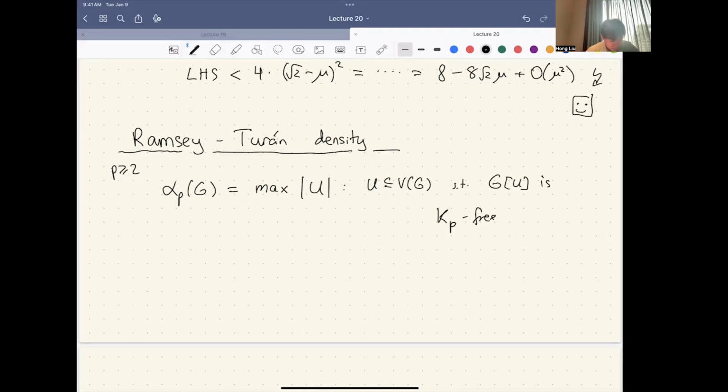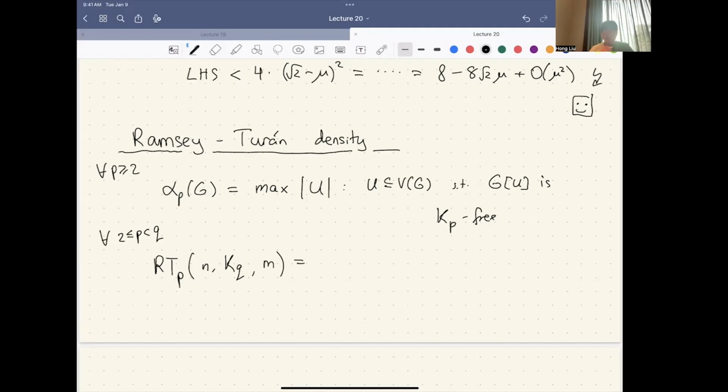Now we can define the Ramsey-Turan number. The general form of the Ramsey-Turan number: take two natural numbers p and q, q larger. RT_p(n, K_q, m), let's say. What is this?